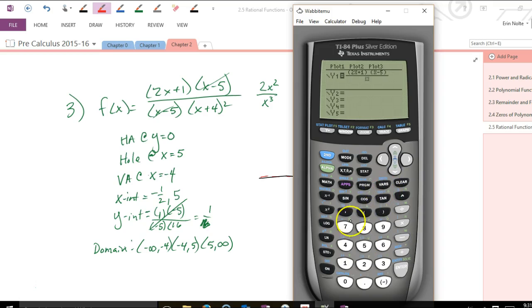And on the bottom, I have x minus 5 and x plus 4 squared. Phew, finally. Alright, so I'm going to hit zoom 6 because I was so zoomed out the last time, so let's take me into a standard 10 by 10.